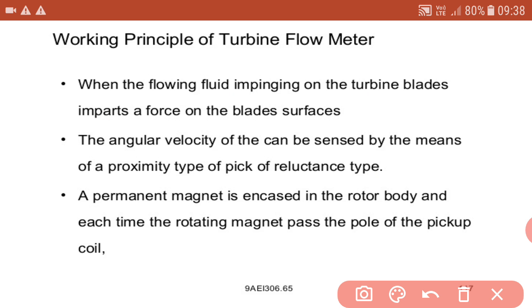Now, the working of a turbine flow meter. When the flowing fluid impinges on the turbine blades, it imparts a force on the blade surfaces, as we have already discussed. The angular velocity is sensed by means of a proximity type pickup, of the reluctance type.